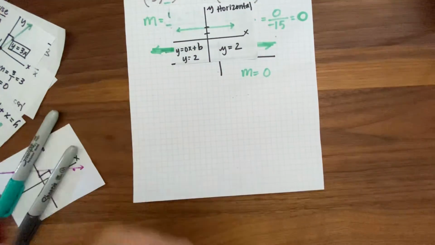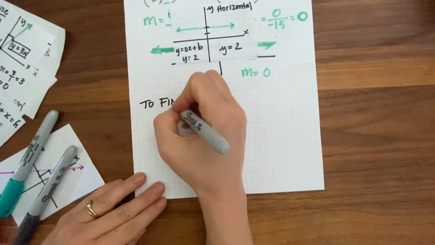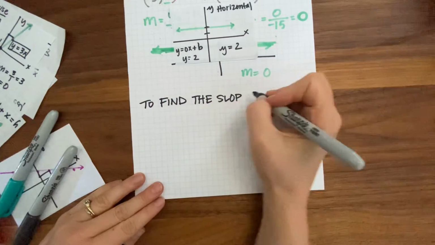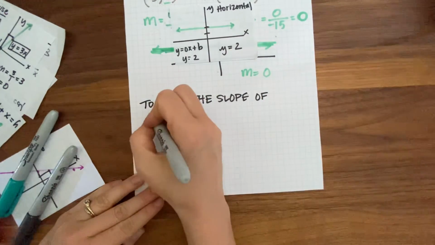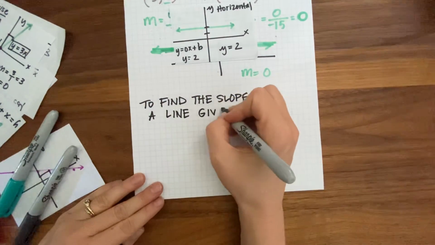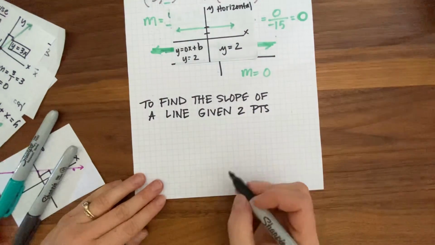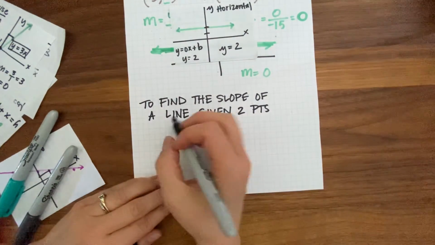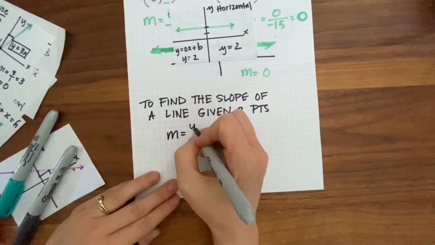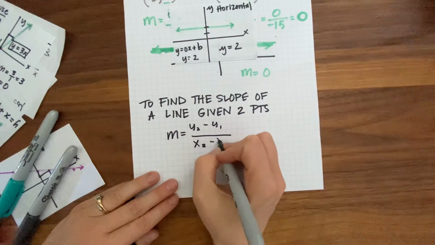In order to find the slope of a line given 2 points, do this. Subtract the points. So our formula is y2 minus y1 over x2 minus x1.